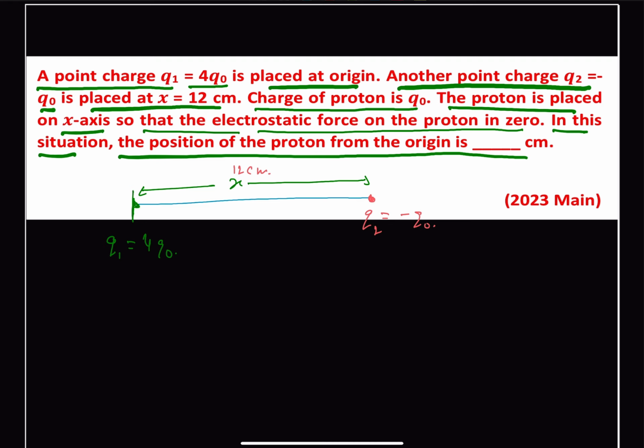And it is said that this proton is placed along x-axis, positive as well as negative, and this is our origin. We require that the electrostatic force on this proton is equal to 0.